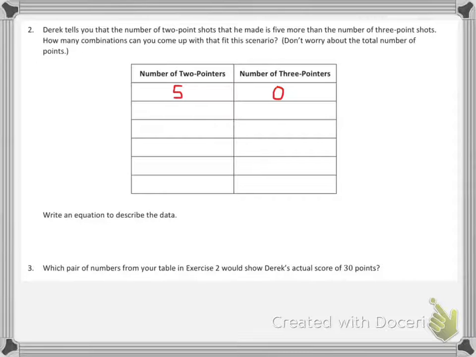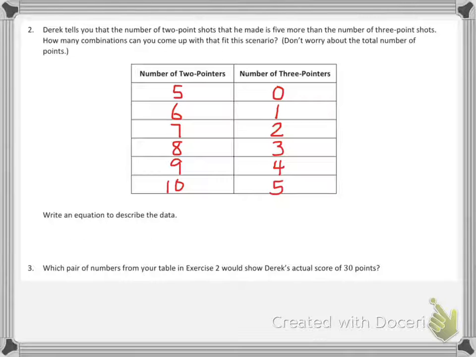So he could make 0 3-pointers and 5 2-pointers. He could make 1 3-point shot and 6 2-pointers. He could make 2 3-pointers, and 5 more than that would be 7. He could make 3 3-pointers, 5 more than that would be 8. Could make 4 and 5 more would be 9. He could make 5 and 5 more would be 10. So those are some possibilities.